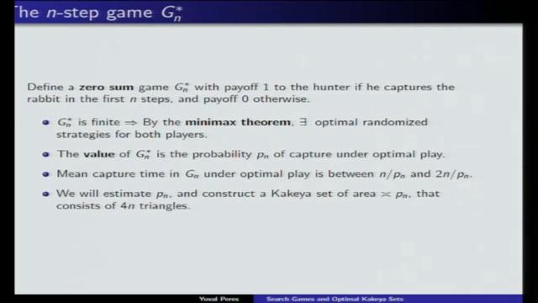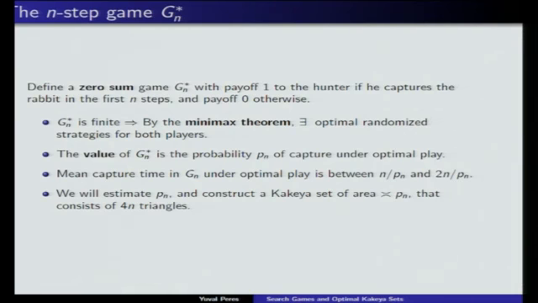Now, for the converse, we know the hunter has a randomized strategy that ensures probability of capture at least p. He can't exactly iterate that in every round because the strategy would typically say, in the first step, start at a random location, and he can't jump that far. But what he can do, he can waste a round. So he plays optimally for the first n steps, so he has probability of capture p.